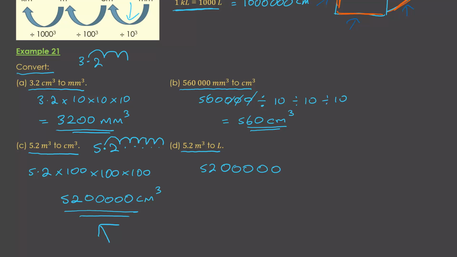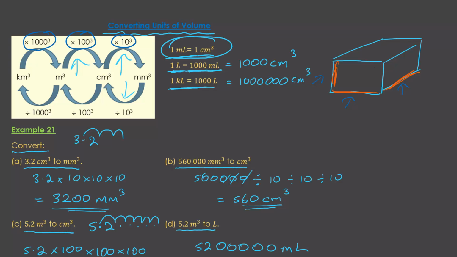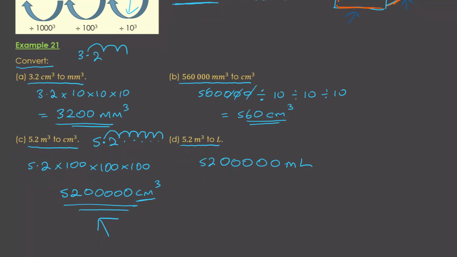It's that many cubic centimetres. Well, that means it's that many millilitres, since we know from up here that 1 millilitre is the same as 1 cubic centimetre. So we can change that to litres by dividing by 1,000. So it's 5,200 litres.